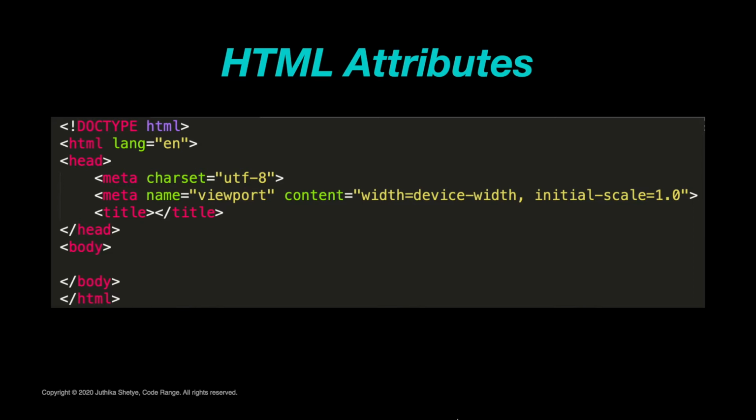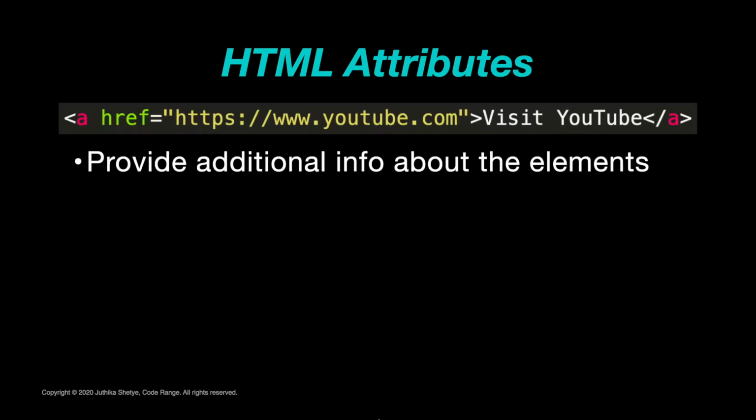In the previous videos, you all saw this example, and if you remember, we talked about all these extra things other than the tag name inside the angle brackets. So these are nothing but the attributes of that element. What they do is that they provide some additional information about the HTML elements.